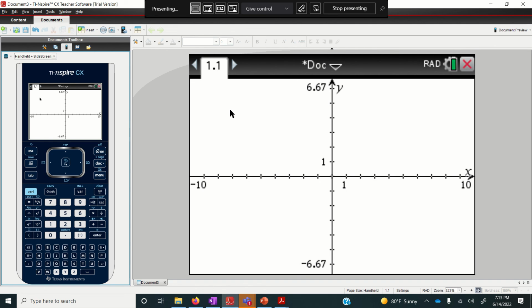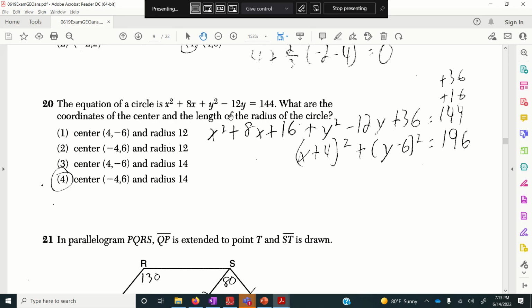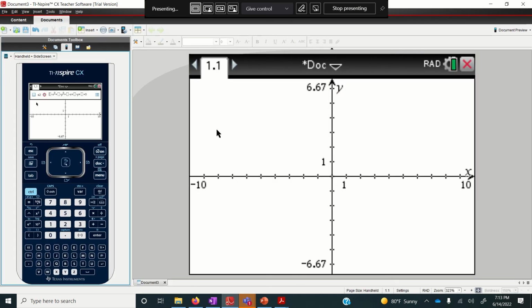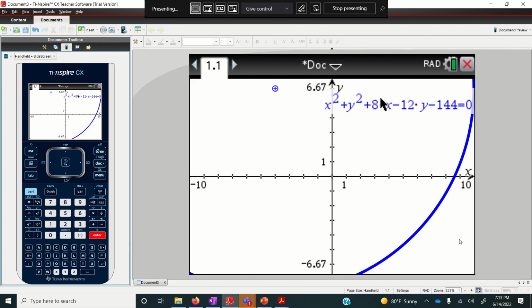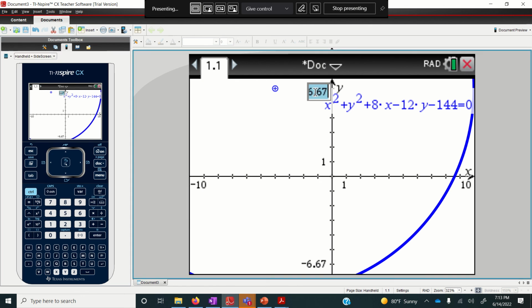Oh, I see what it is. The 144 is on the other side. We have to subtract it over, so that's why it's not coming up. So this should be a negative 144, not a positive 144, and then I think we'll see it. So careful with that sign. There it is. Okay, you can always double click here if you want to make this bigger.